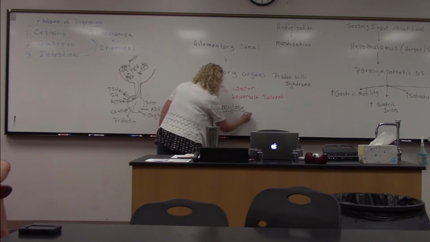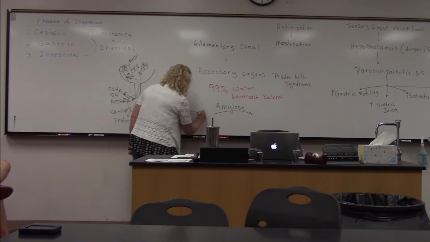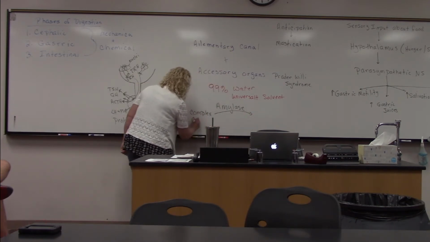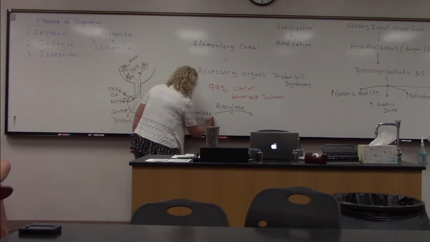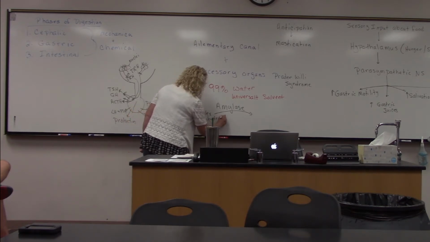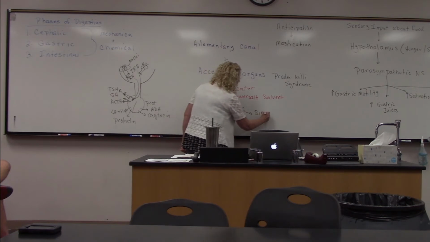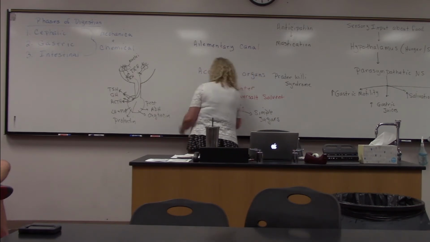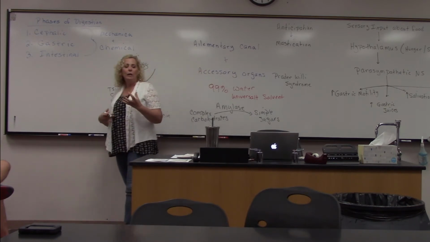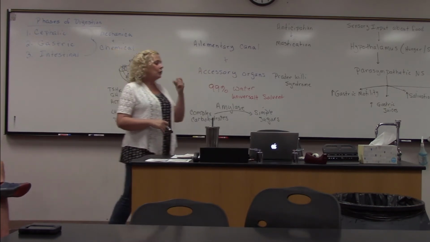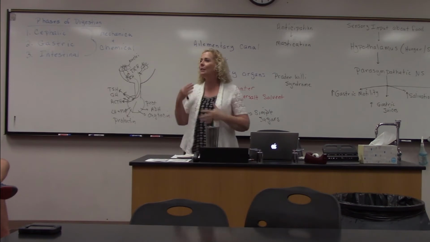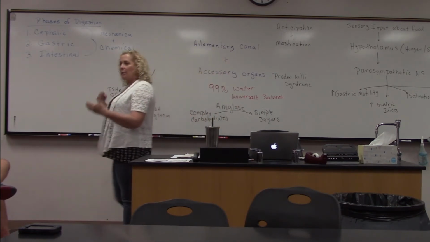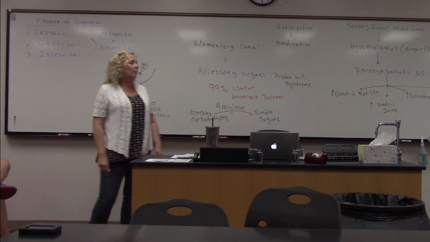And it dissolves it down into its smaller parts, which would be the simple sugars. So this is why sometimes, when you eat corn, especially really ripe corn, you start chewing on it and immediately it starts to taste sweet because the amylase is already dissolving these complex carbohydrates.